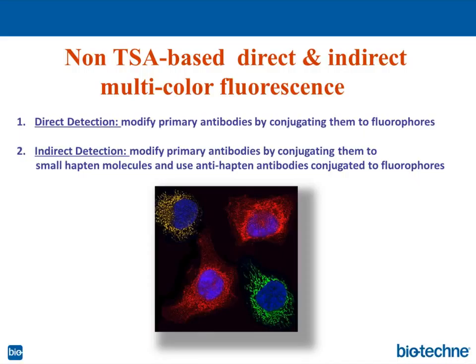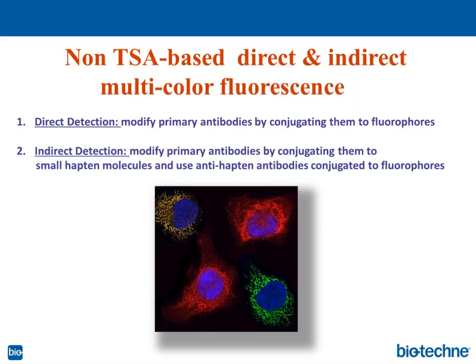And then we do indirect detection when we modify primary antibodies by conjugating them to small hapten molecules, and then use anti-hapten secondary antibodies conjugated to fluorophores. So we want by all means to avoid using secondary antibodies that can interact with the host species of our primary antibodies. That's why we use these small haptens attached to them.